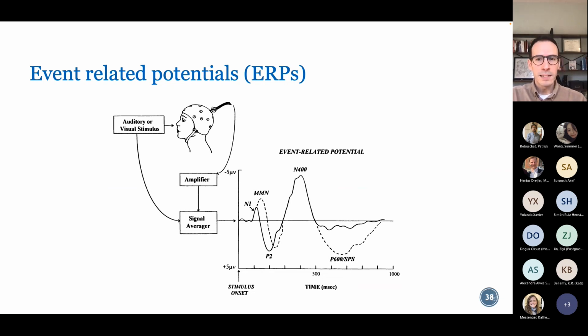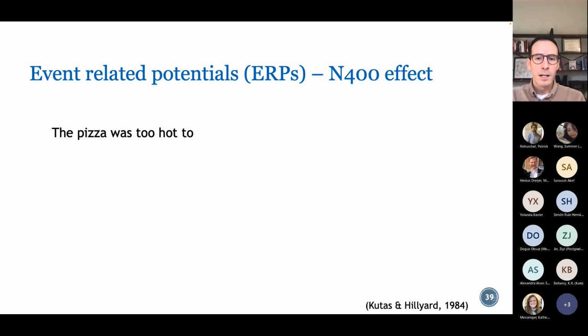And so I'm going to be highlighting a couple of ERP components, which are the peaks and valleys that you see in that graph that are time locked to the presentation of an event, in this case, the linguistic stimuli.